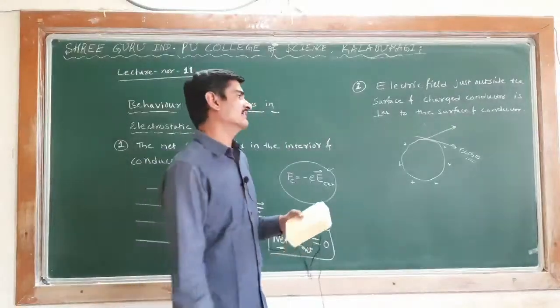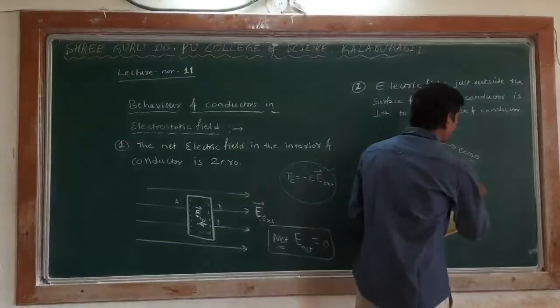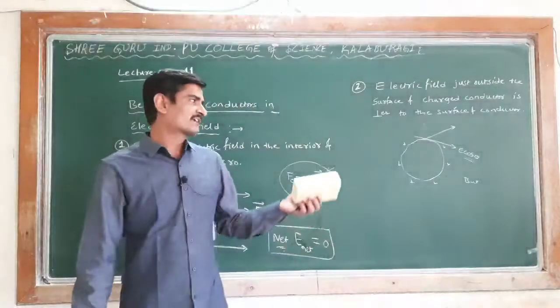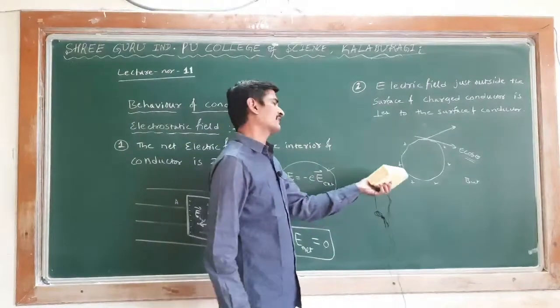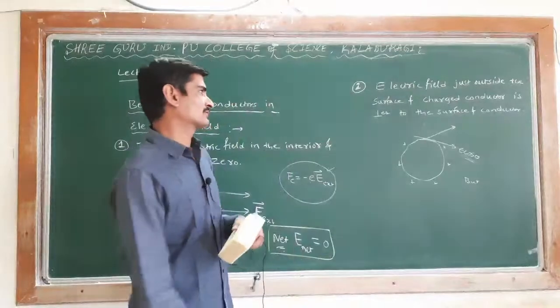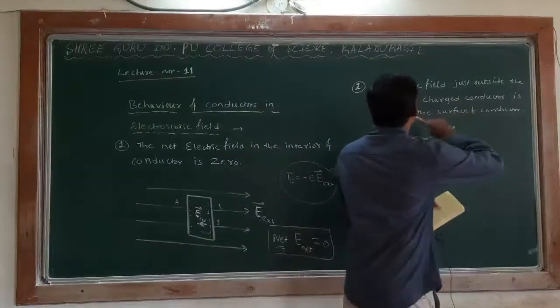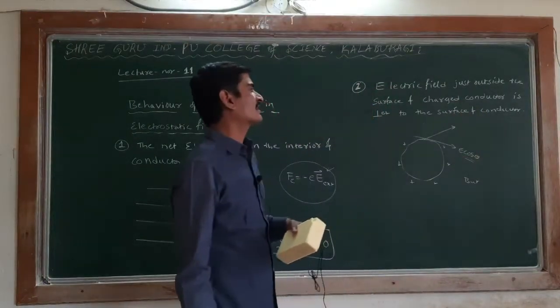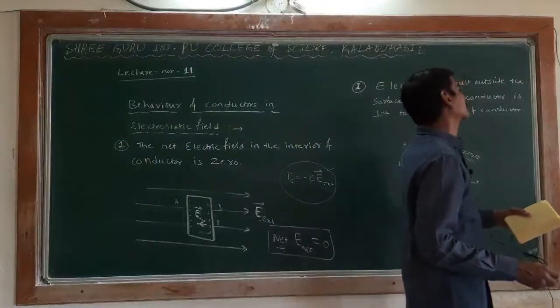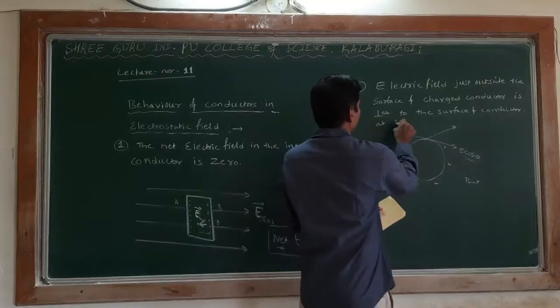But surface currents are not observed on the surface of the conductor when it is placed in an electrostatic field. So, this shows that the electric field just outside the surface of a charged conductor is perpendicular to the surface of the conductor at every point.